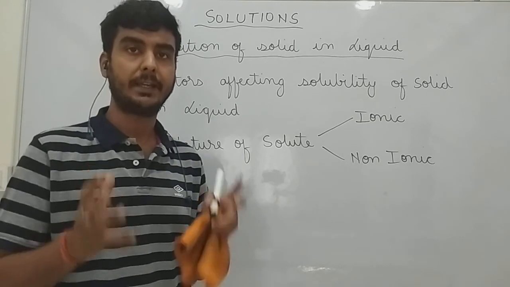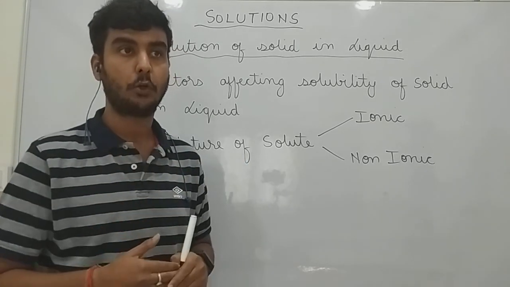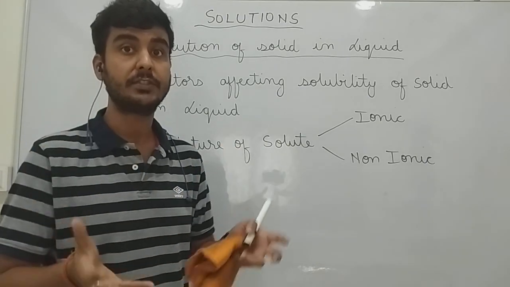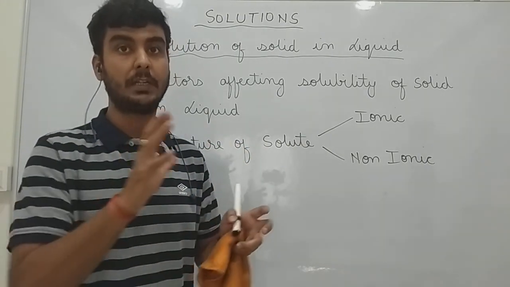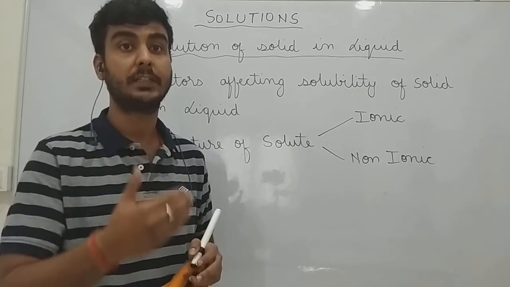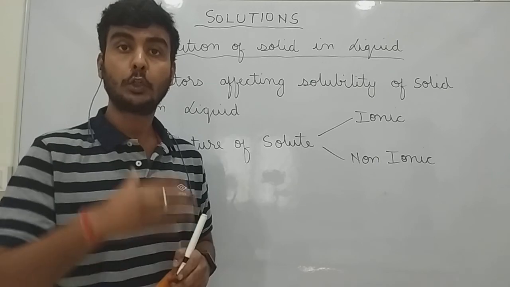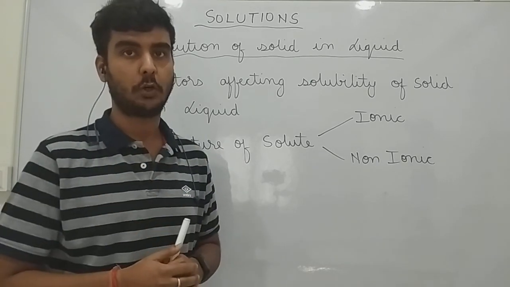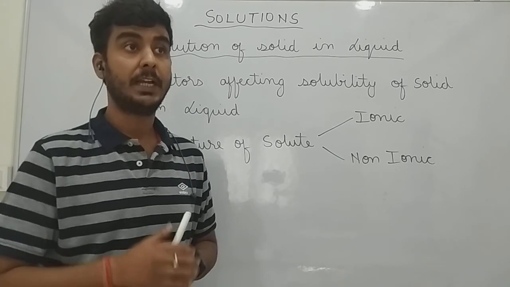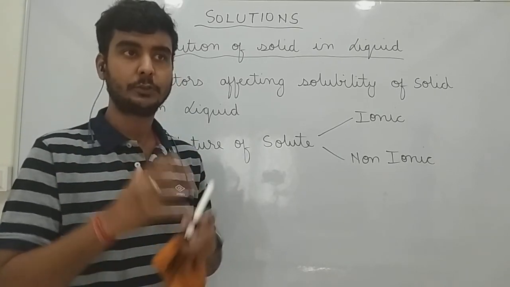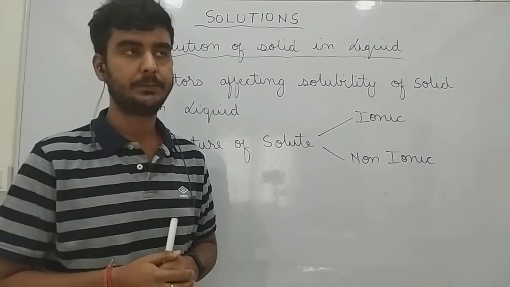So in case of ionic solid, the ions are arranged in a regular three-dimensional arrangement known as crystal lattice. If you want to dissolve that ionic solid which is present in the form of lattice, you have to break that lattice so that it gets dissolved into the solvent.